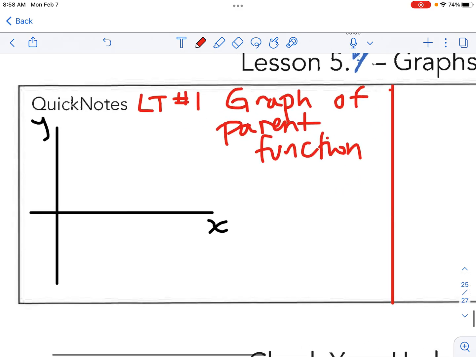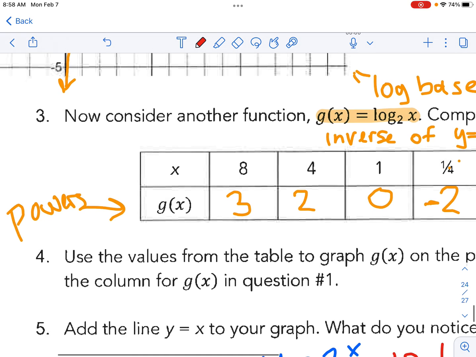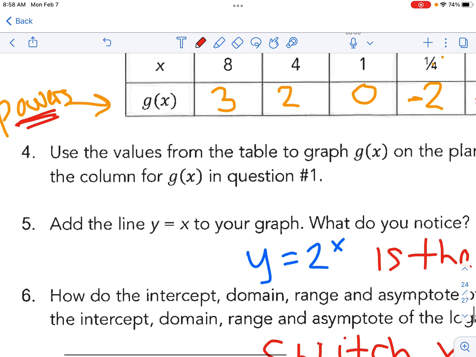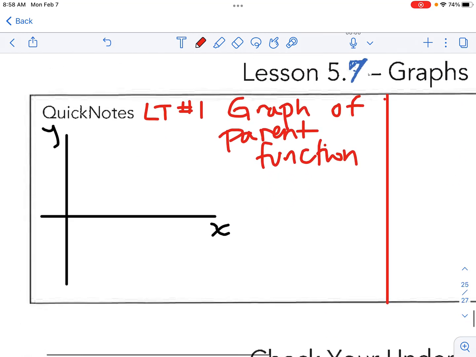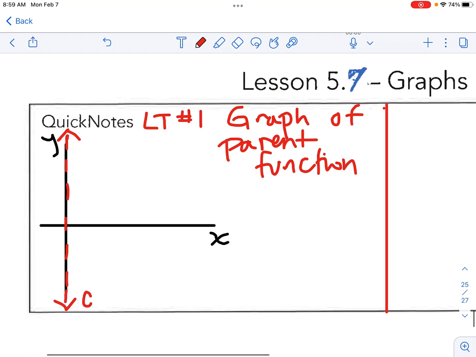We know that in the logarithmic function, the outputs are the powers. And so when we're graphing this, the parent function has an asymptote, which is going to be this y-axis.